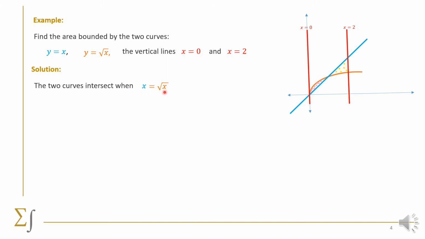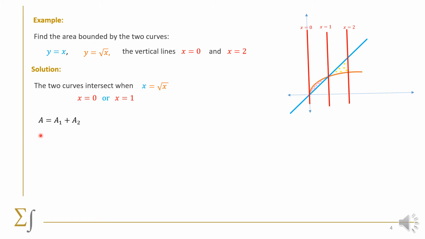And we see that x is equal to root x implies that x is equal to 0 or 1. So here is the line x equals 1. So we will perform integration from 0 to 1 to get area 1, and then we perform integration from 1 to 2 to get area 2. Then we add area 1 and area 2 to get the required total area.